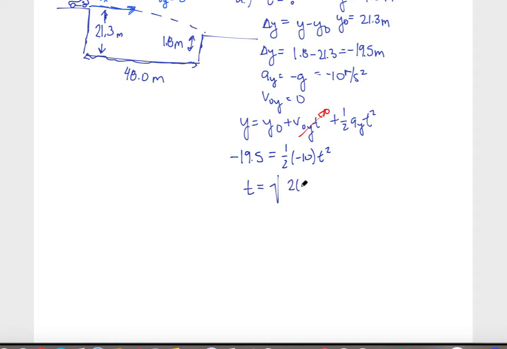So I have 2 times negative 19.5 over negative 10, all square rooted. And this tells us our time in the air is going to be 1.974 or 1.975 seconds. I'm not going to round that as much as I can. So 1.975 sounds good, and that's the amount of time that we have in the air.